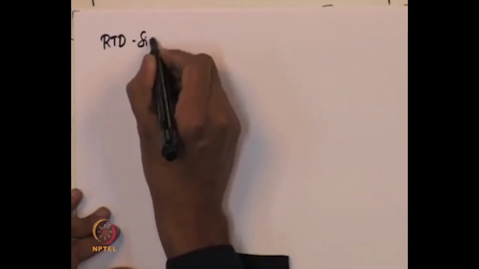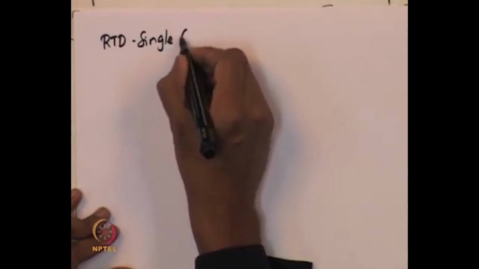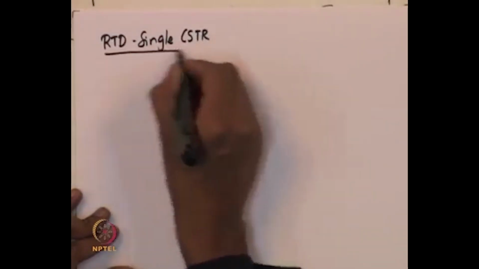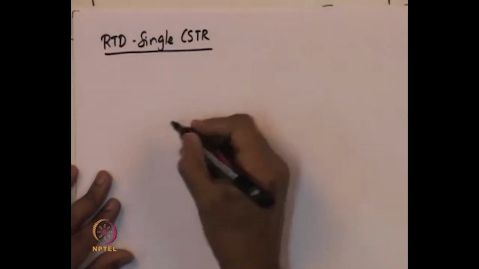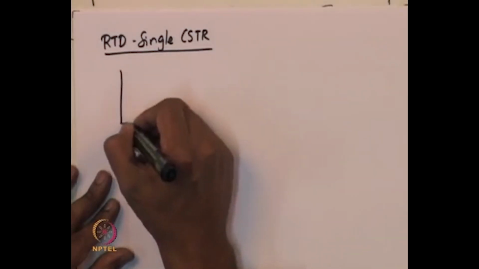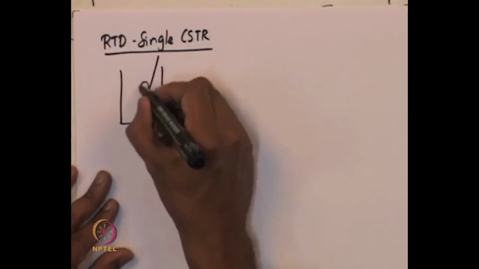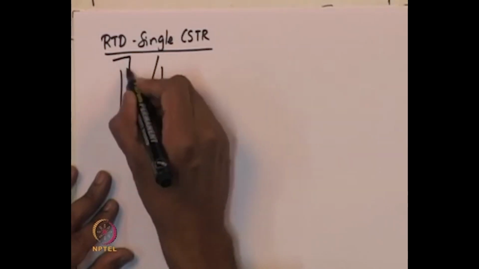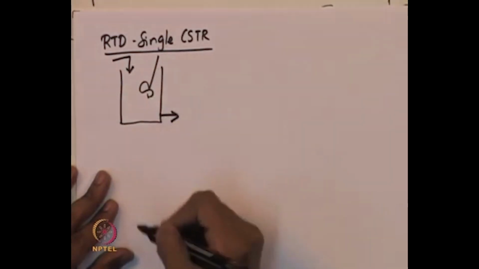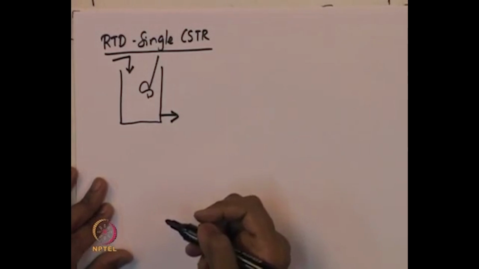Now, let us look at the CSTR case. What is the RTD function for a single CSTR? Suppose here is a CSTR, and this is the inlet stream and this is the outlet stream of the CSTR.